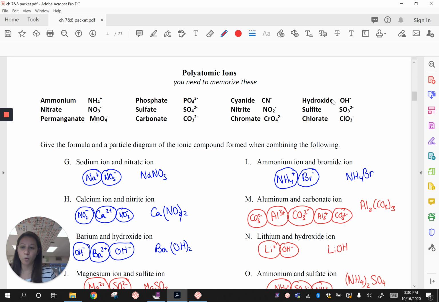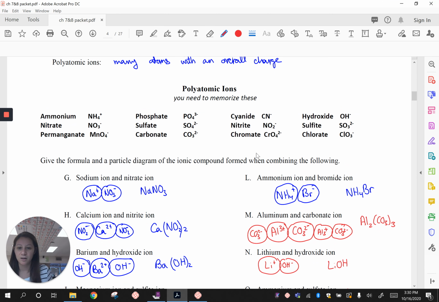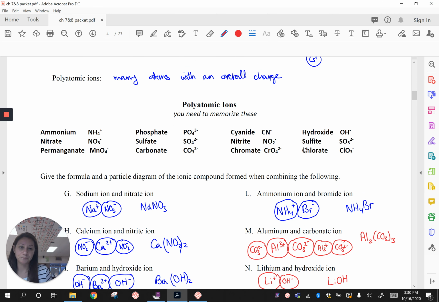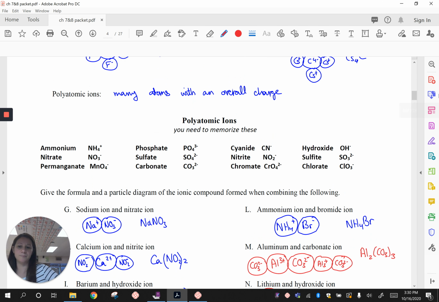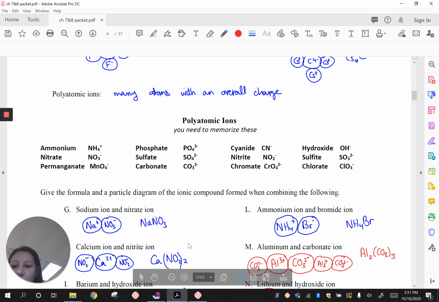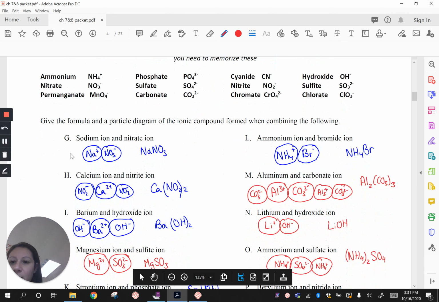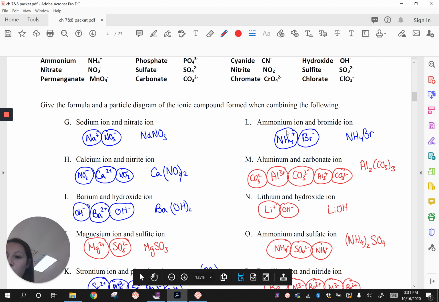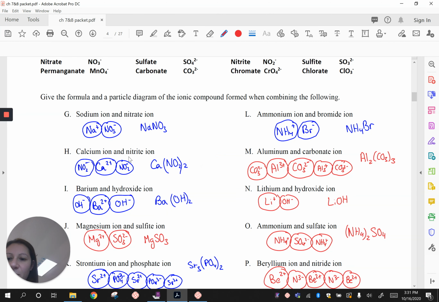I want to show you one more trick for how to come up with the chemical formulas without drawing these particle diagrams and figuring out how many of each. It's called, well, I guess it's not really called anything, but you crisscross and you reduce. Crisscross and reduce is what I personally call it. So what that means is, let's do calcium ion and nitrite ion.